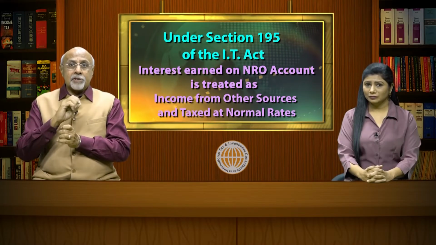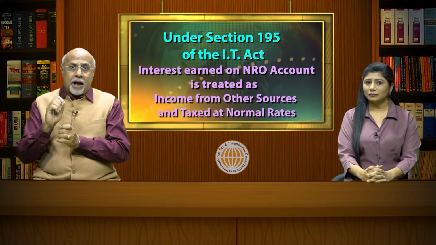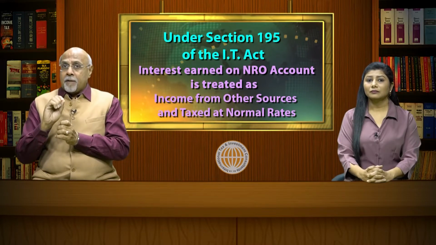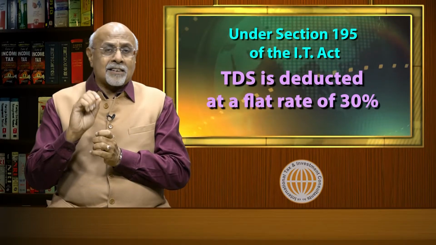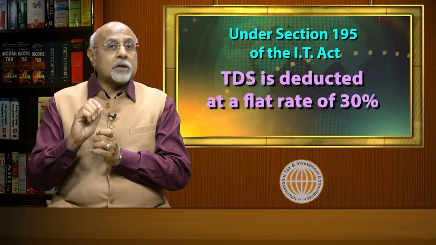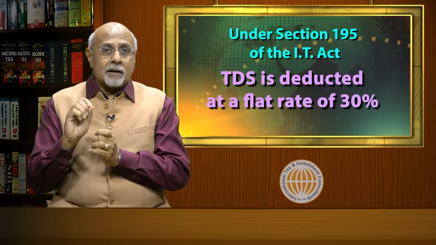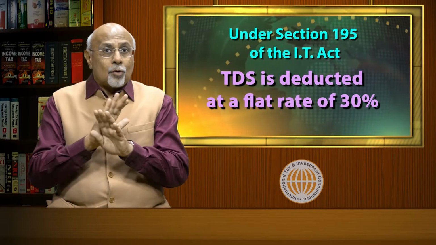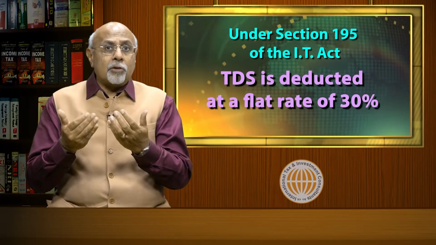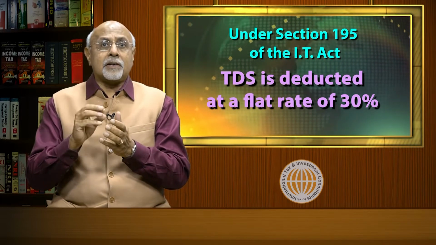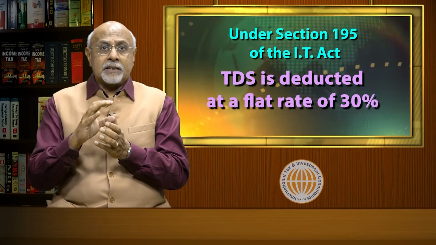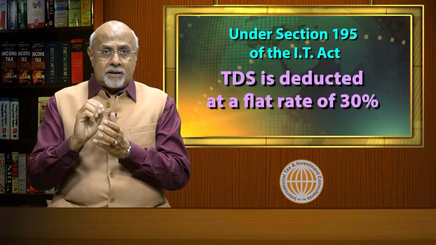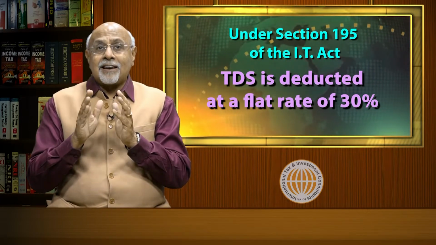But under the provisions of section 195 of the Income Tax Act, it requires to be kept in mind that there is a tax deduction at source which is required to be made by the bank at a flat rate of 30%, and there is no threshold limit. Irrespective of the amount of interest, even if it is a small amount of 100 rupees, the bank would be required to deduct 30%, that is 30 rupees as TDS.